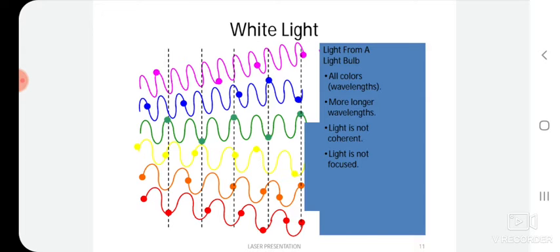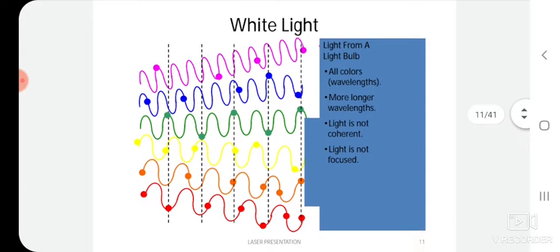That's why it has longer wavelengths, it is not coherent, and it does not focus on a single point. Its divergence is more in case of an ordinary source as compared to the laser source.